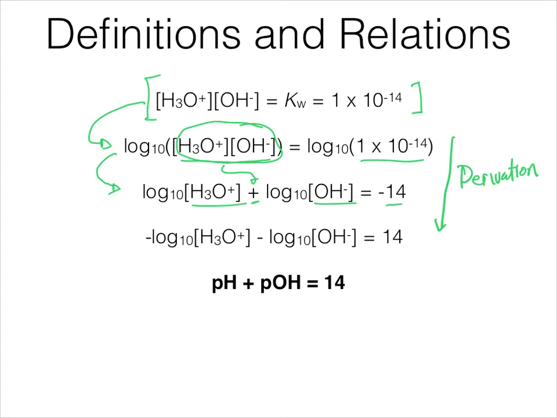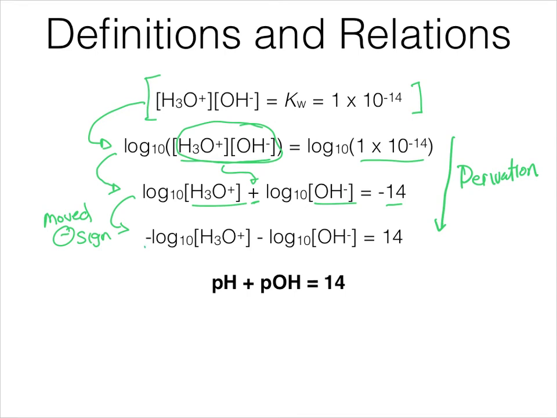So if I rearrange this and I move my negative sign around, so to go from here to here, I've just moved the negative sign by multiplying both sides by negative 1. And what I get is that the negative log base 10 of the H3O plus concentration minus log base 10 of the hydroxide concentration equals 14.